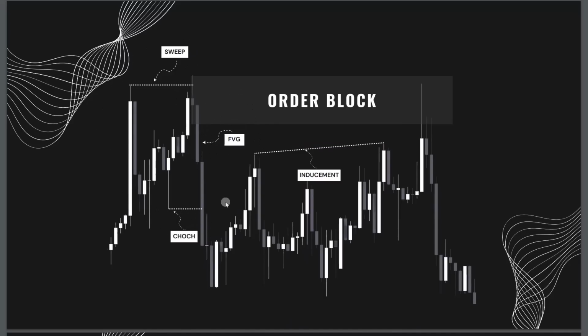What is the last thing to be presented on a high probability order block? Inducement. And we can easily see that, okay, we have this inducement here, which is a liquidity that gets created before price reaches the order block. But then after that, we have more liquidity here, more inducement. And then price goes and takes both of those, but still doesn't go to the order block.